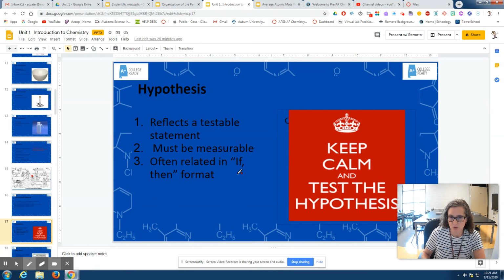So if this is true, then this will happen. That's usually the way we come up with a hypothesis. Now, not always. They can be stated in other ways, but it does have to be measurable. Okay? You have to be able to test it.